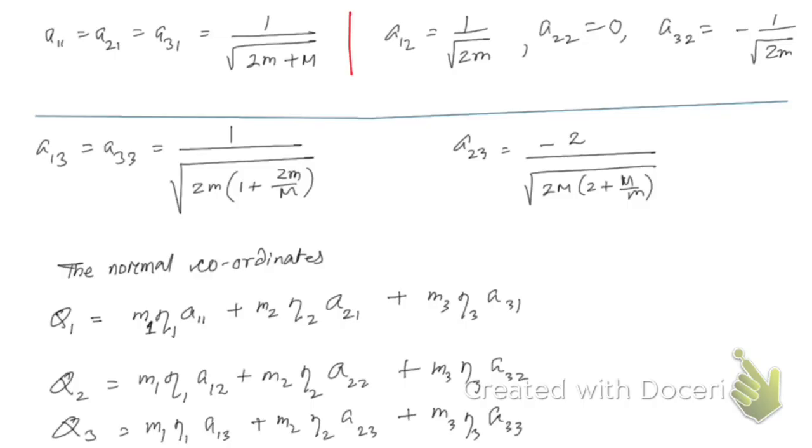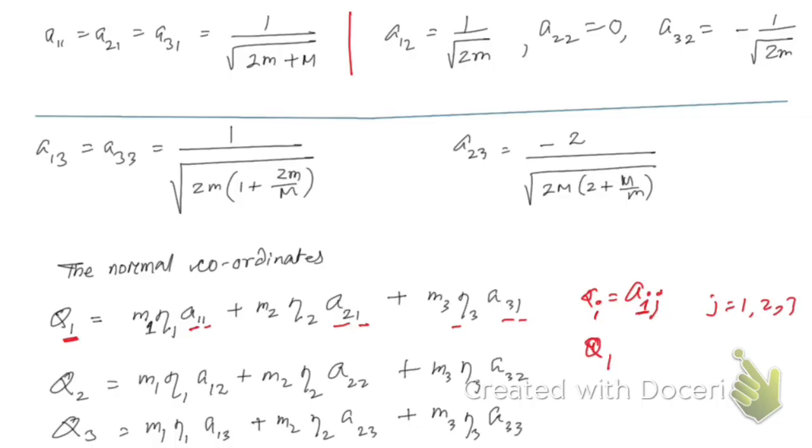Here you see, observe the pattern. When you write q1, then a11, a21, a31. So the general form is aij. If you take qi, then you have to write this i. So j will be 1, 2, 3, right?